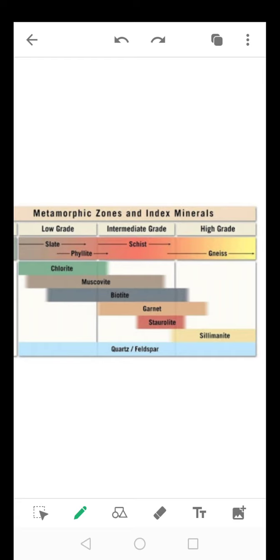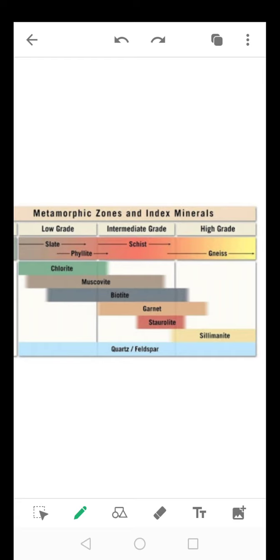To help you understand this term, I've already discussed that it is a geologic term used to describe a set of mineral assemblages in metamorphic rocks formed under similar temperatures and pressures.